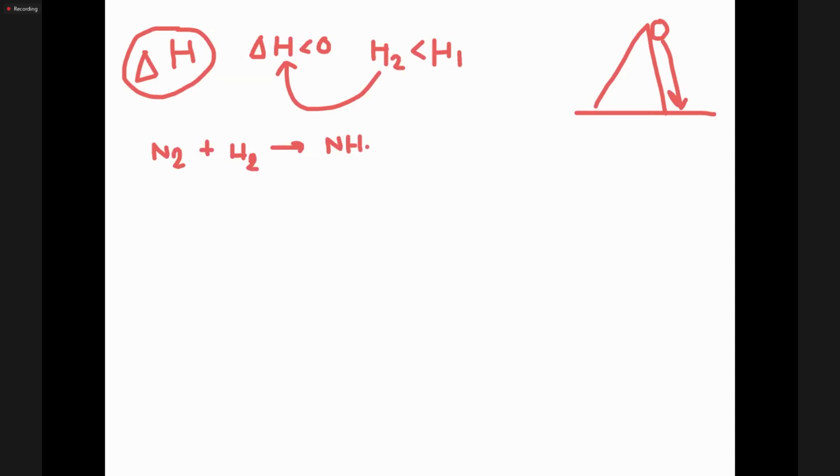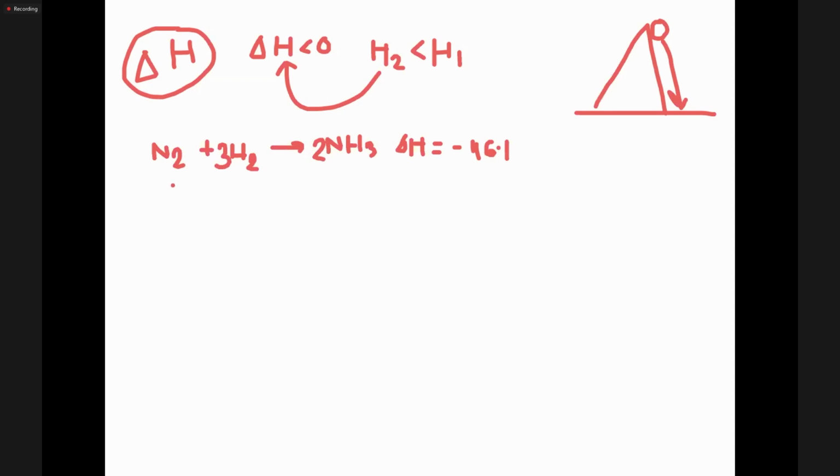This is an exothermic process, and delta H for this reaction is minus 46 kilojoule per mole, which is an exothermic reaction and also a spontaneous reaction. If you have to balance this equation, we put a 2 over here to make nitrogens equal, and then a 3 over here to make the hydrogens equal. So this is a spontaneous reaction.